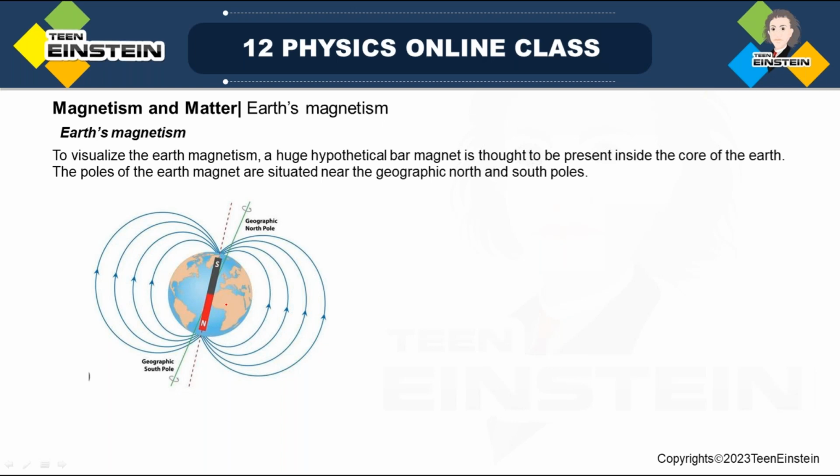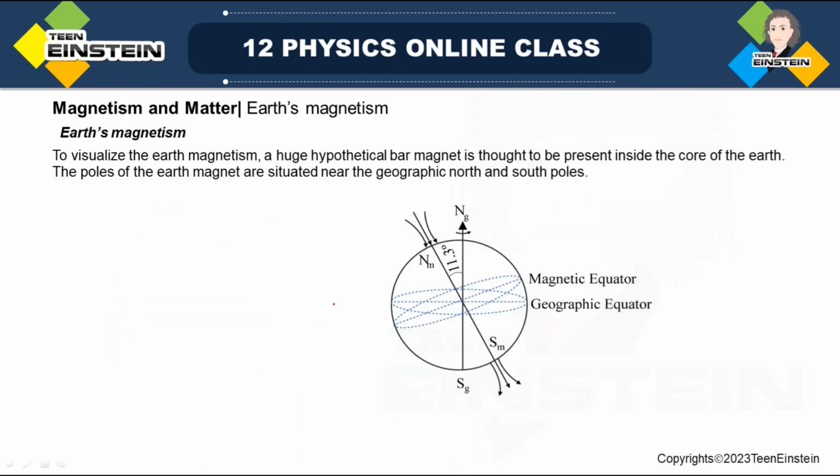One thing we could see is that the geographic axis of the Earth and the magnetic axis of the Earth are not coinciding. That means the magnetic north pole and the geographic north pole do not coincide exactly.